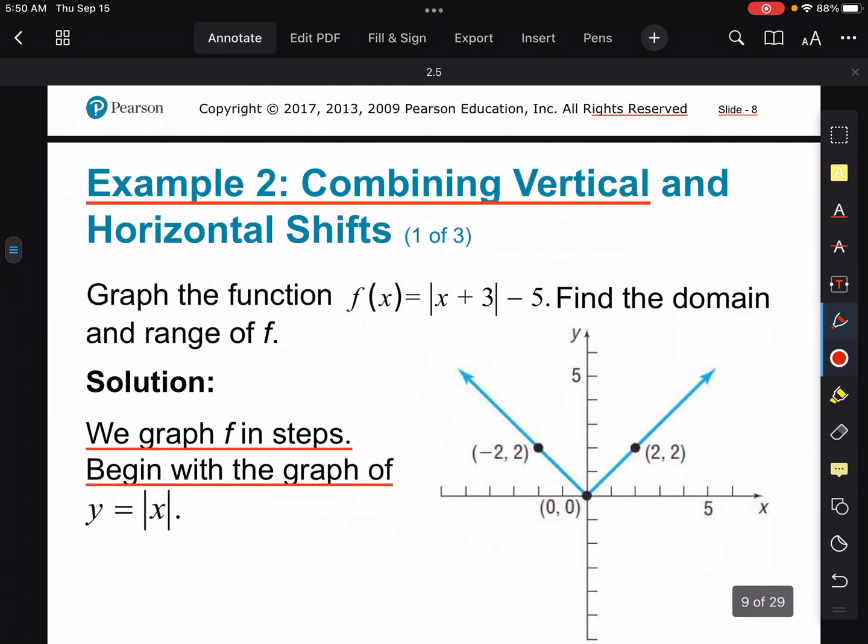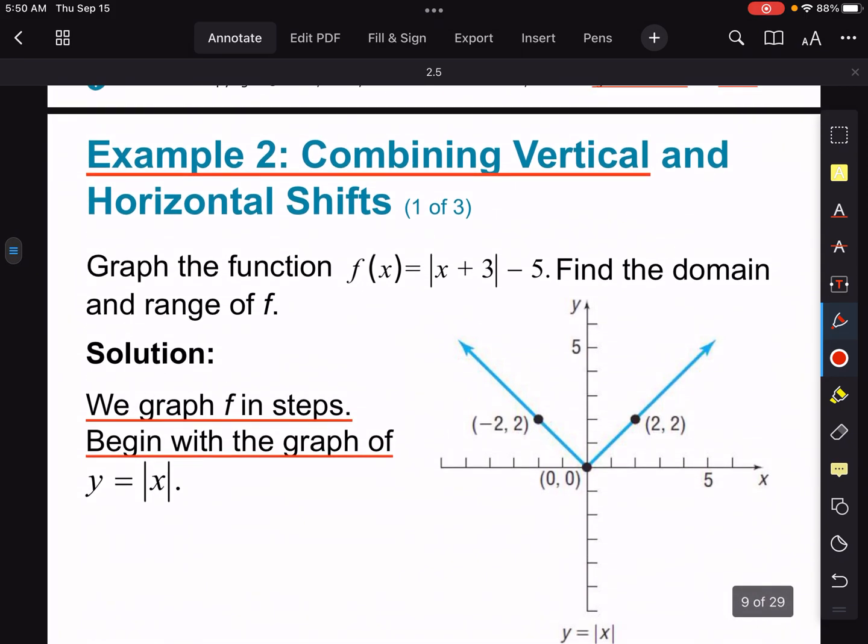All right, so here in example 2, they're combining vertical and horizontal shifts. The parent function here, just to be clear, is f of x, or y equals the absolute value of x. If I want to shift that left or right, I have to modify it inside of this function. So they're moving this to the left by 3, by adding 3 to it.